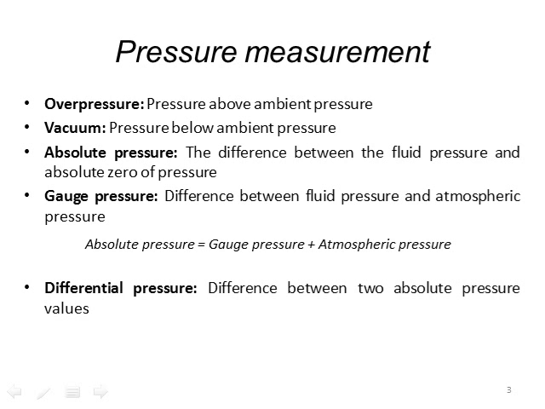Absolute pressure, the difference between the fluid pressure and the absolute zero of pressure. Gauge pressure is something that you read literally from a gauge, and then absolute pressure is gauge pressure plus atmospheric pressure. And then the differential pressure, that we typically call delta P, is the difference between two absolute pressure values.